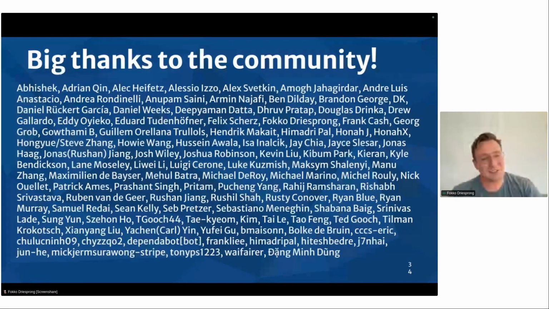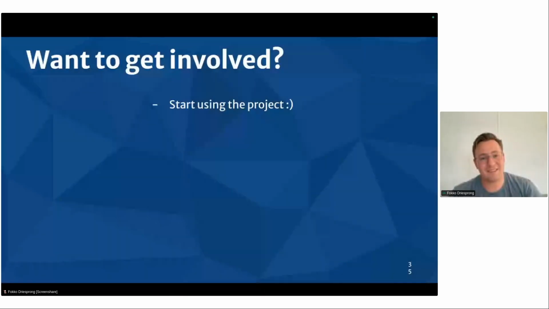A question I get often is, I want to get involved, how do we get started on PyIceberg? The easiest way is just to start using the project. If you have some pet project, or you want to do something in your day job where you want to use PyIceberg to store some data, I think this is the easiest way to get started, because you run into very actual, real problems.